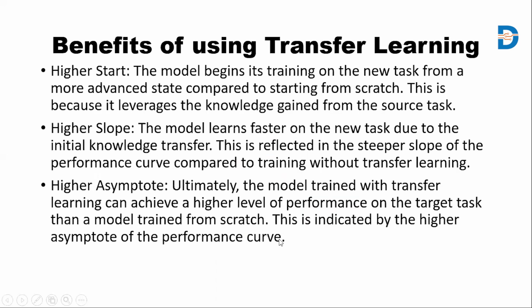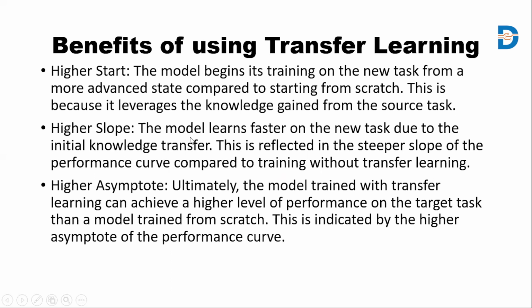So what is the higher start? The model begins its training on the new task from a more advanced state compared to starting from scratch. We have already discussed this. This is because it leverages the knowledge gained from the source task.